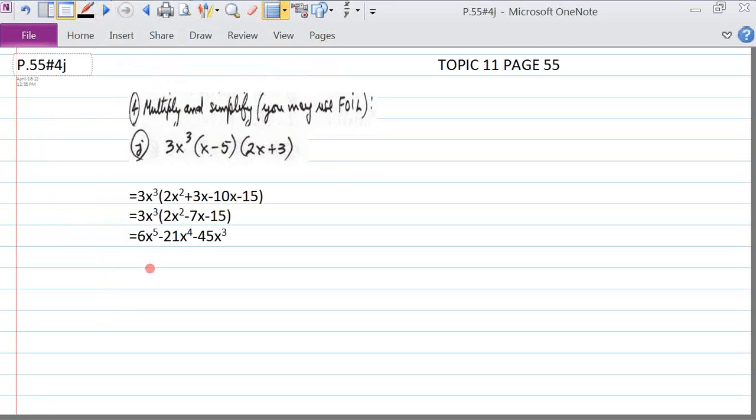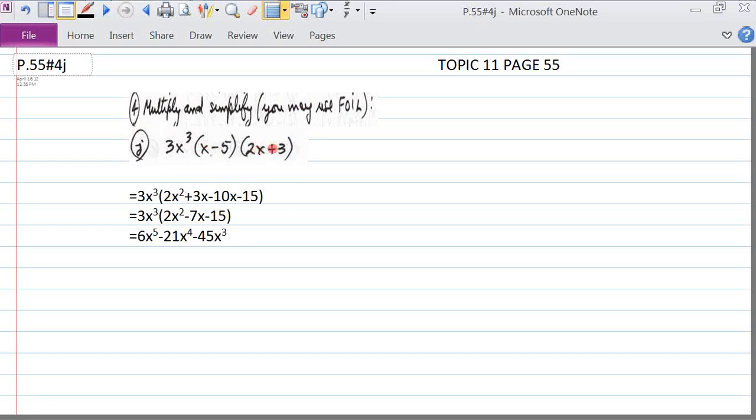Number 4J. Here, first of all, we're going to use the FOIL method on x minus 5 times 2x plus 3. Going to do that first. And then we're going to use the distributive rule, and multiply what's in the brackets by 3x cubed. So leave the 3x cubed as it is right here. First times first gives us 2x squared.